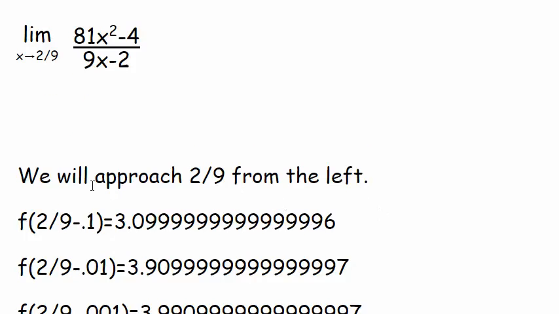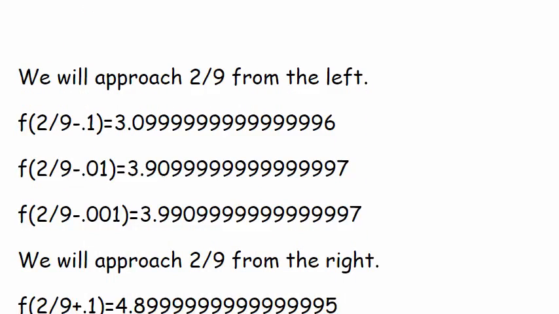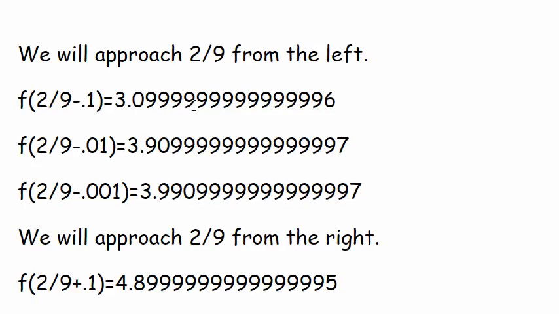As you can see here, we're approaching 2/9ths from the left, so we have f of 2/9ths minus 0.1, and you get 3.0. Now I know this is going out to a lot of decimal places, but just bear with me on that. I wasn't going to fix this to some decimal point here. We'll just let the JavaScript do that for us.